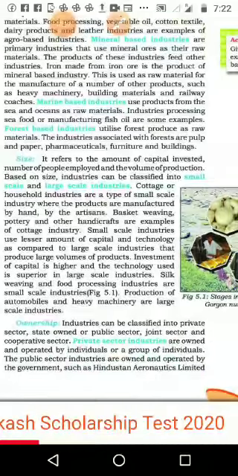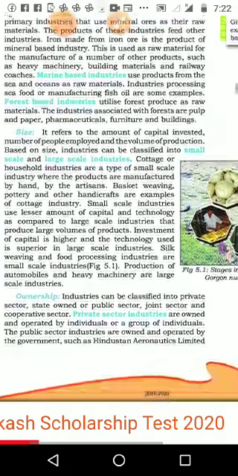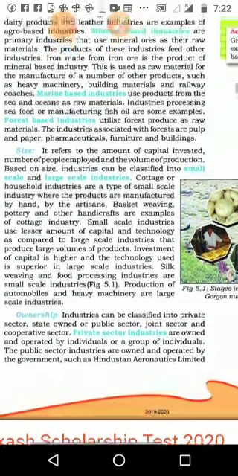Then next one, forest based industries utilize forest produce as raw materials. The industries associated with forest are pulp and paper, pharmaceutical, furniture and building. So we can see the maximum medicine we are collecting from the medicinal plants which grow in the forest, and we make paper and pulp that also comes from the forest.